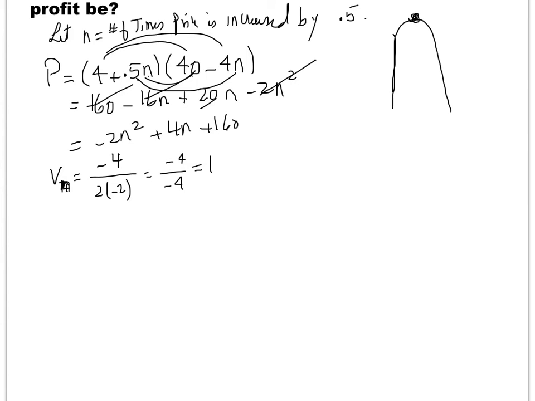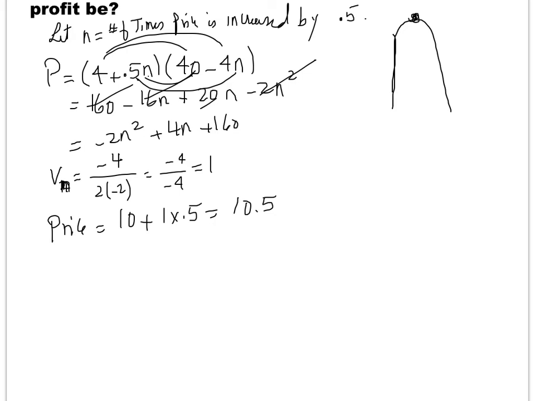So this means that if you increase the price only once, the maximum profit is obtained. The new price for maximizing is going to be 10 plus 1 times 0.5, which is $10.50.